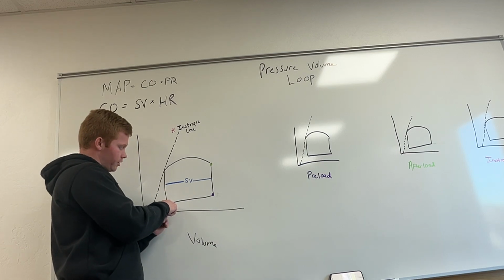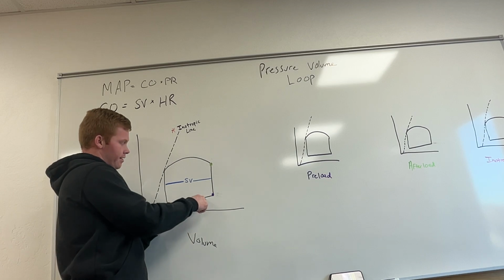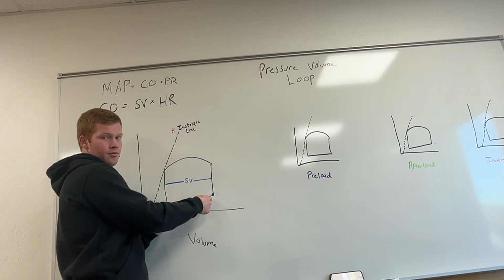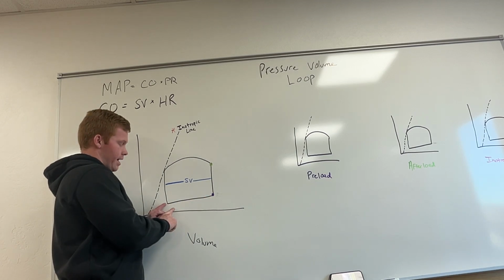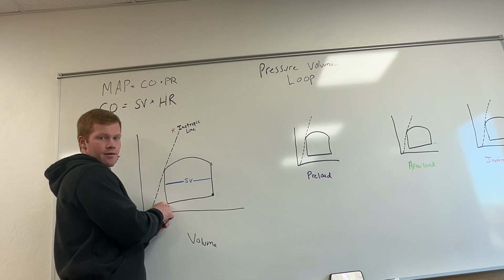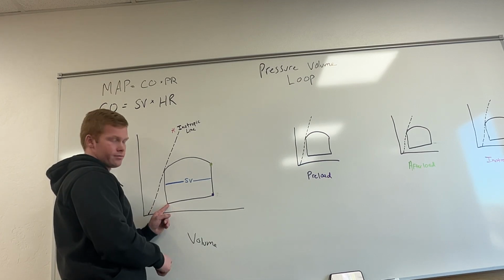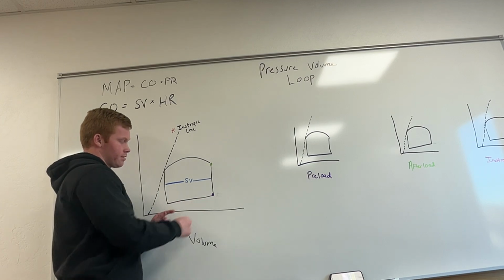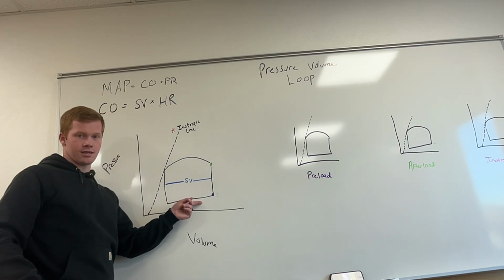So right here, we start, and this line is the filling of the left ventricle. This begins with the opening of the mitral valve, or the bicuspid valve. As it opens, blood fills the left ventricle.